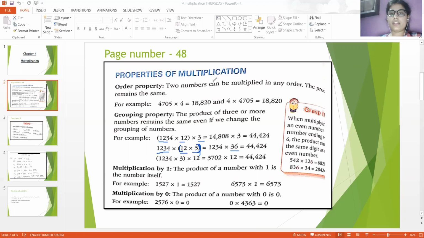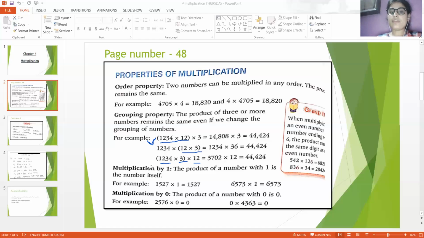In the next step, we again take the same numbers: 1234, 3, and 12, the same as before. But here we again change the grouping. In the first we multiplied 1234 with 12 first. In the second we multiplied 12 with 3.